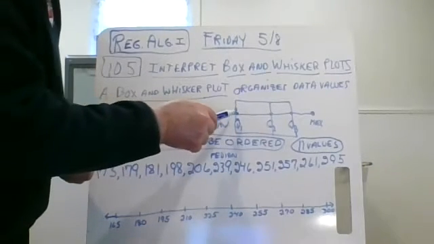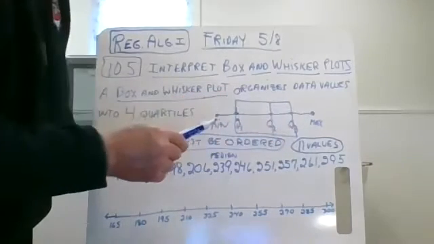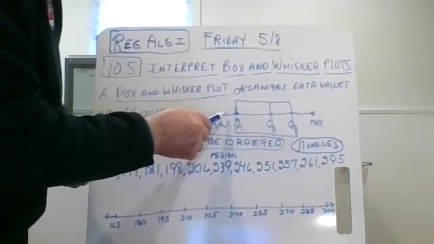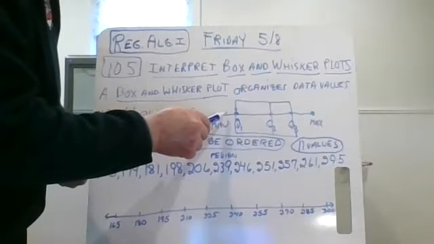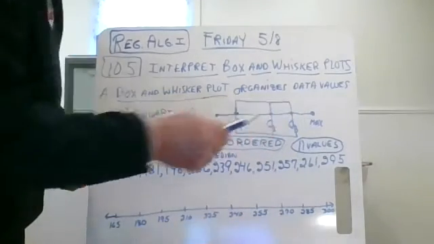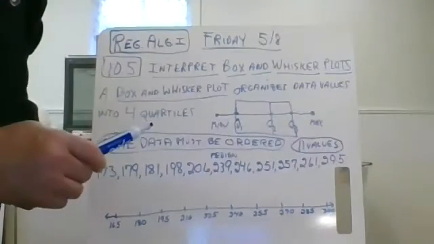These segment lengths do not have to be equal in length. But what's true is that they contain the same number of data values. Each quartile contains the same number of data values.